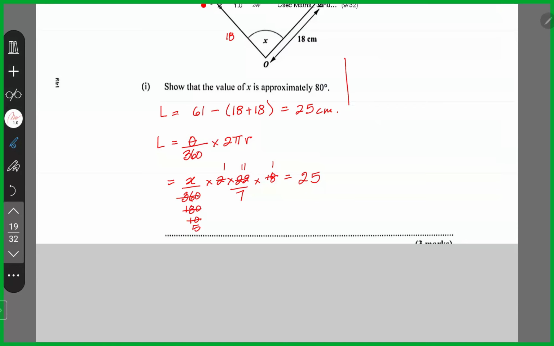So what we end up with is, up top, we have 11x, and down by the bottom we have 35. And this is equal to 25 over 1.